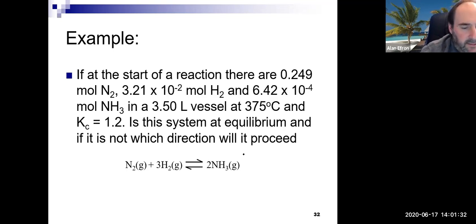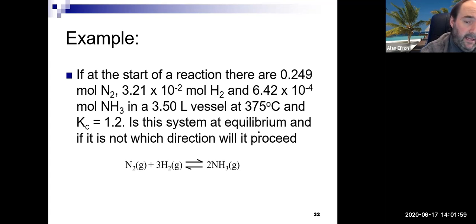Okay, so let us take a look here. Again, we want to calculate Q, and to answer a question I think I see there: yes, K does describe the equilibrium. Q, as you say, describes a point in time of where you're at. That point in time may be a point where you are not at equilibrium, but it also may be a point where you actually are at equilibrium.